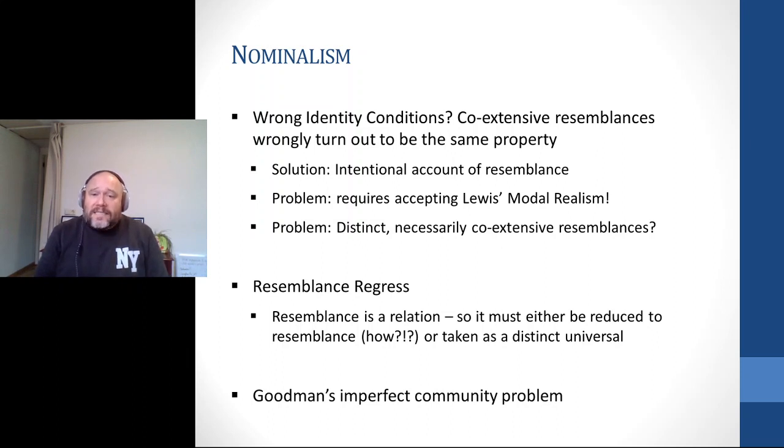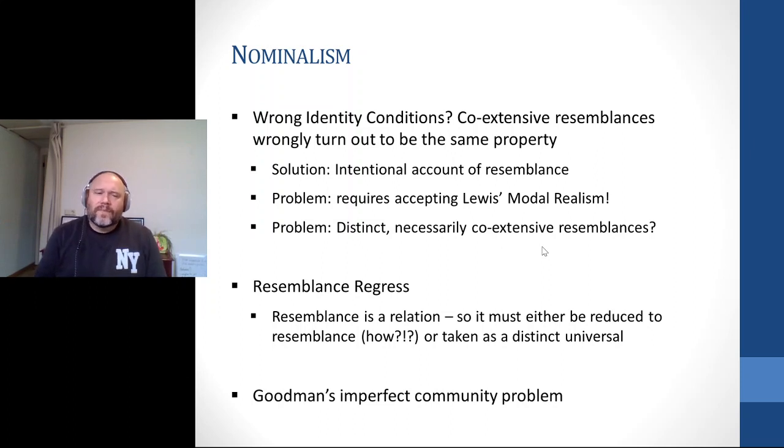If there are any distinct, necessarily coextensive resemblances, for example, being an equiangular triangle and being an equilateral triangle, well, then this isn't going to cut it. So it might help us with our initial cases, but there still seems to be a lurking worry about wrongly identifying necessarily coextensive but distinct properties.